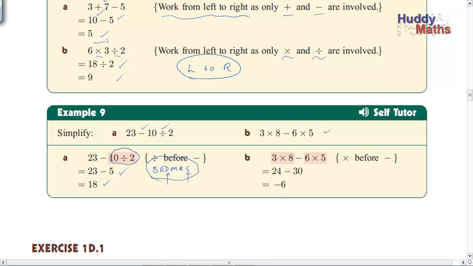Let's look at this one. Now we've got multiplications here. Let's put down BEDMAS. Not a bad idea to work through this. We've got multiplications here. They've got to be done before addition and subtraction. Okay, so let's group them. 3 8s are 24, take 6 5s are 30, and therefore 24 take 30.